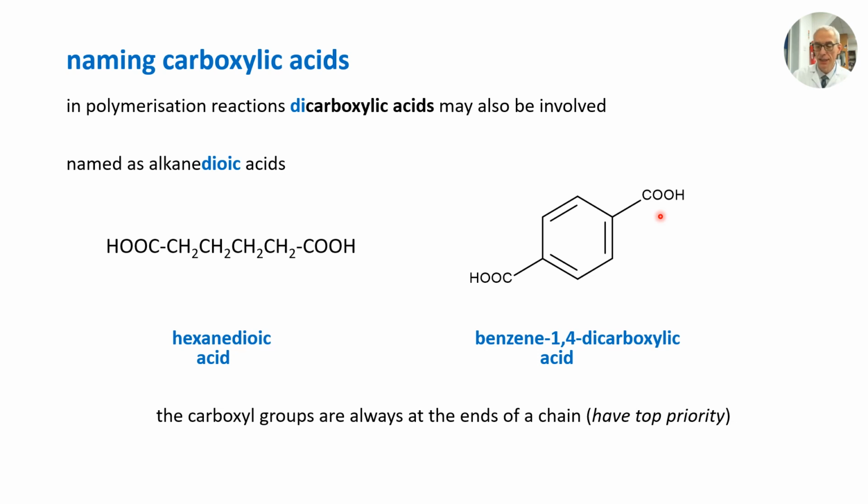So it's benzene dicarboxylic acid, but we need to define the distance apart, the spacing of the carboxyl groups around the benzene ring. So carbon 1, carbon 2, carbon 3, carbon 4. So benzene-1,4-dicarboxylic acid.